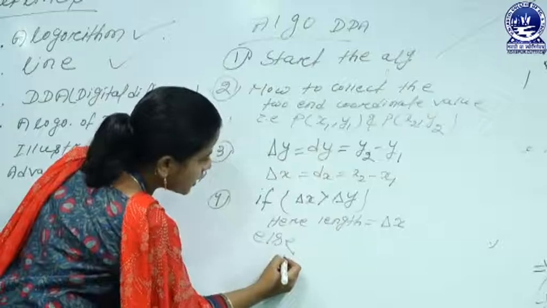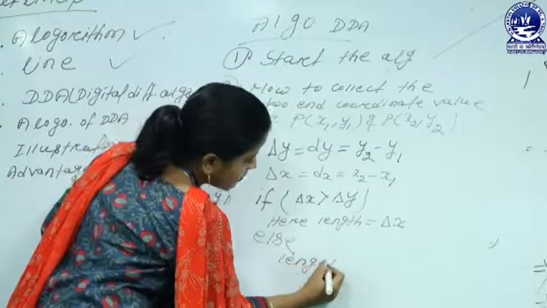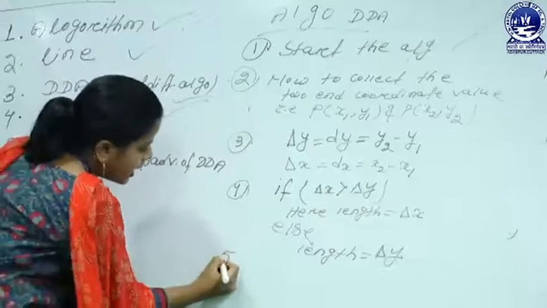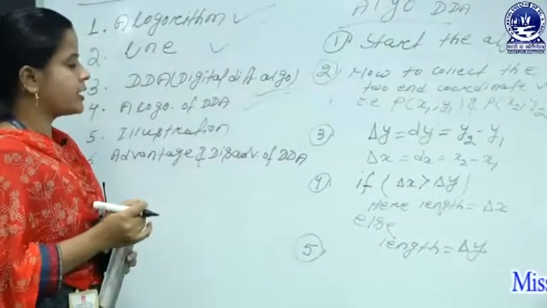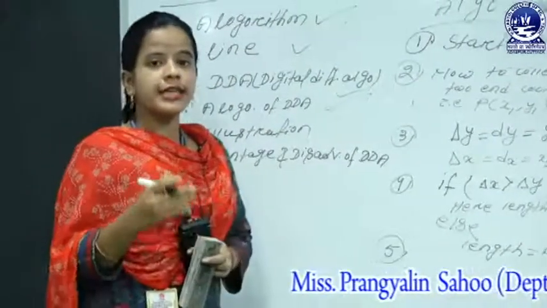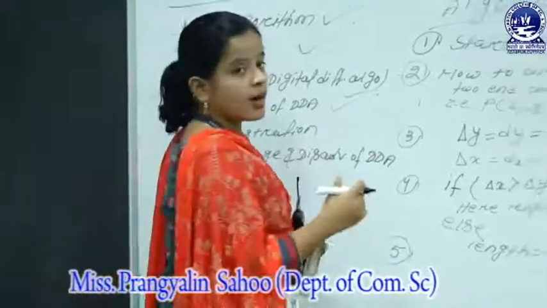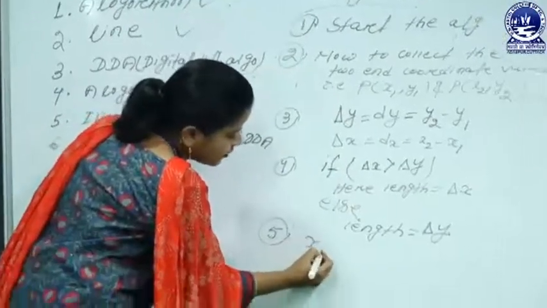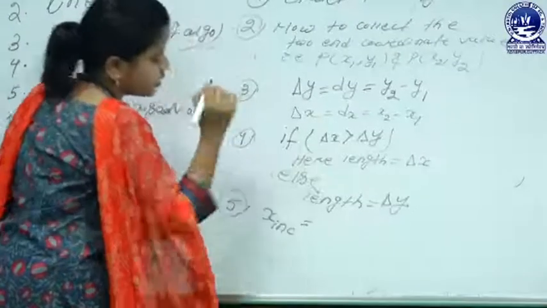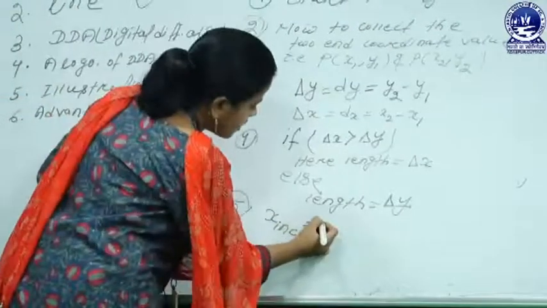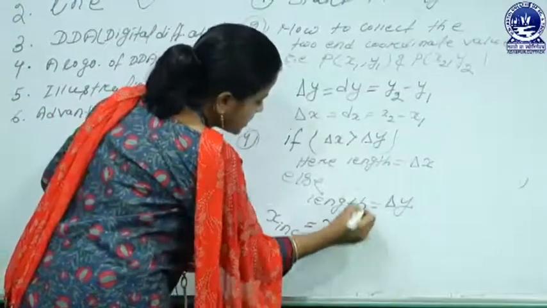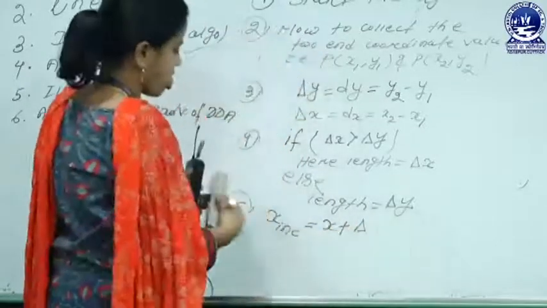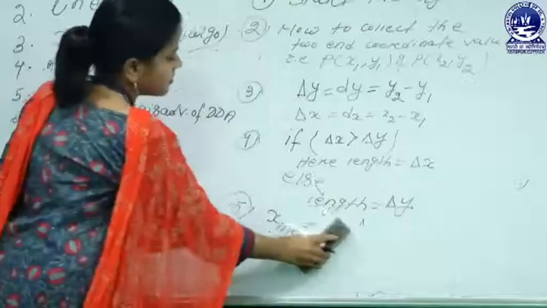So here, otherwise the length is delta y. Okay. Then after that, when the length is found, we have to calculate the next incremental value. So how is the incremental value calculated? Here the x incremental value is calculated as x plus delta x, sorry.